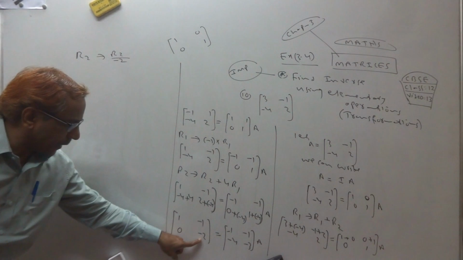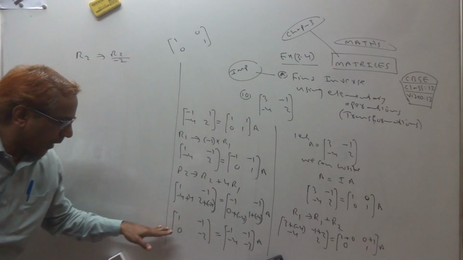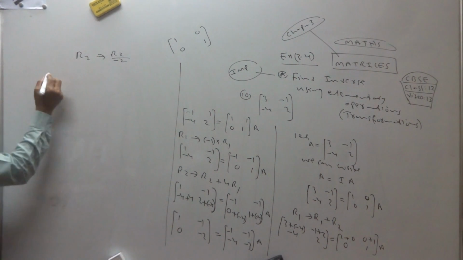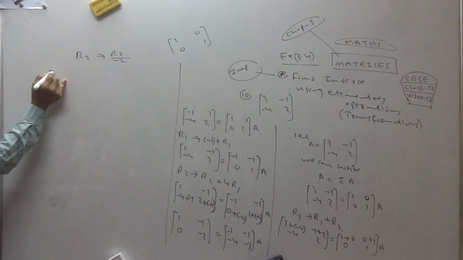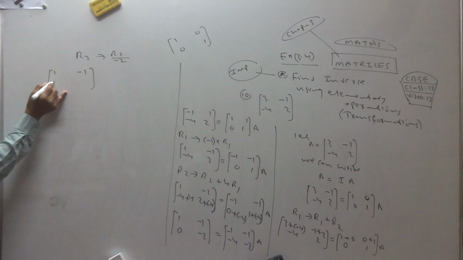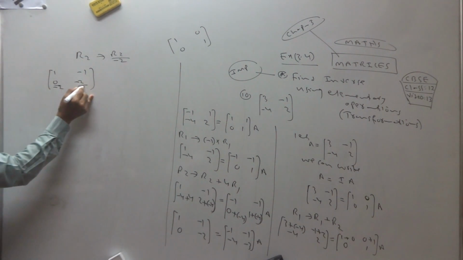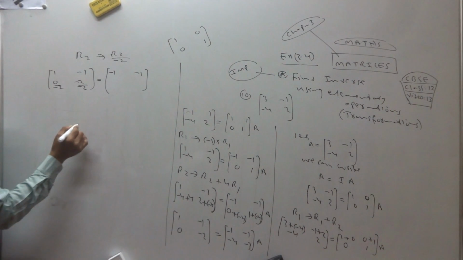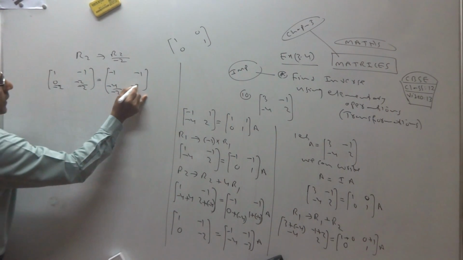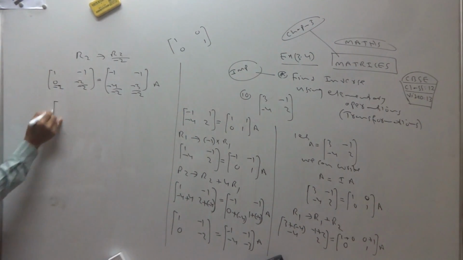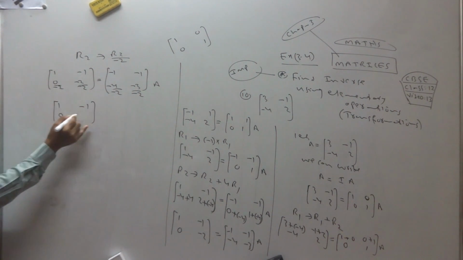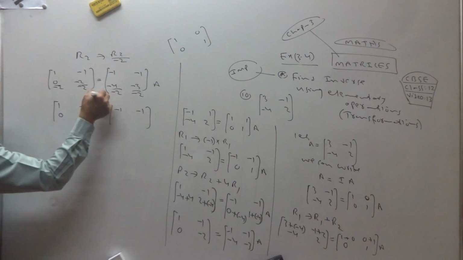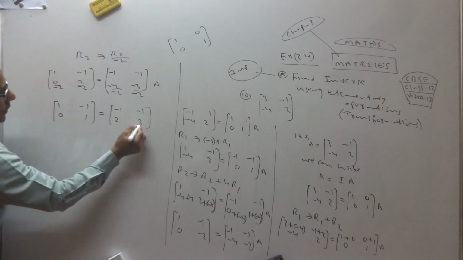So R2 divided by minus 2: 0 by minus 2 is 0, minus 2 by minus 2 is 1, minus 4 by minus 2 is 2, minus 3 by minus 2 is 3 by 2. So we get 1, minus 1, 0, 1 with right side minus 1, minus 1, 2, 3 by 2.